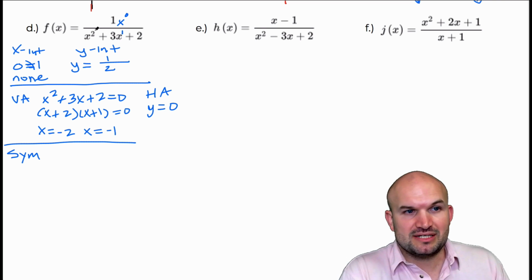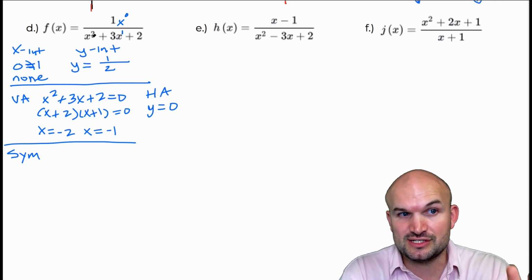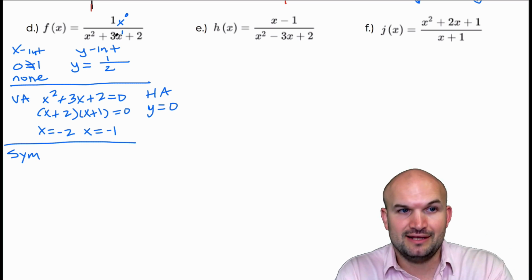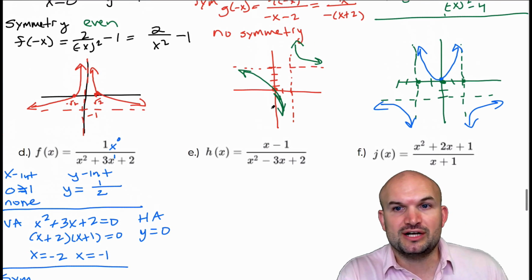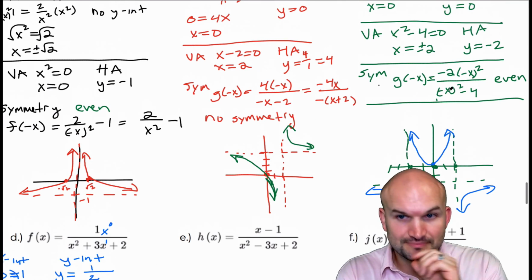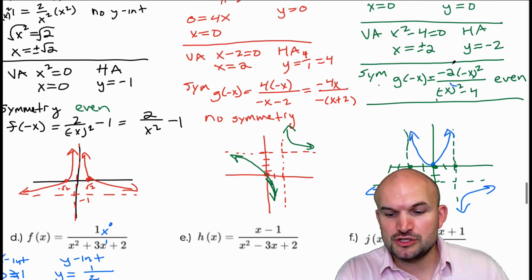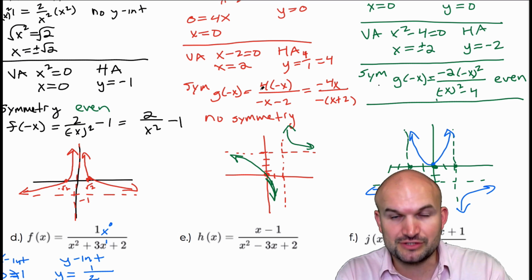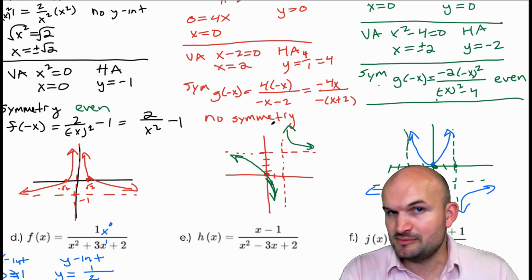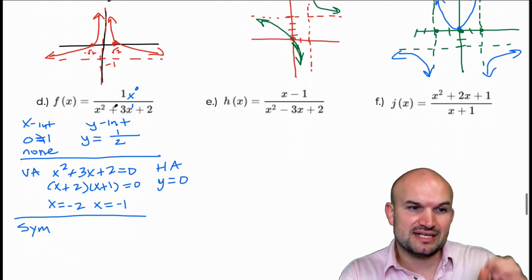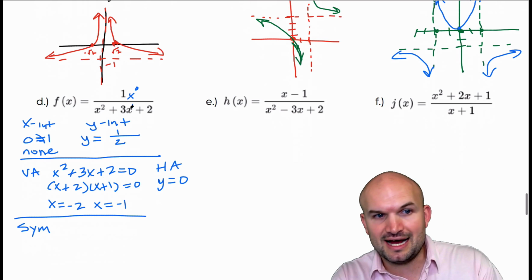But to save myself time, since I see this degree here is even and this degree here is odd, I know that I'm not going to have symmetry, because you're going to have symmetry about the y-axis when all of your variables are only raised to an even power. So if all of your variables are not raised to an even power, then you're not going to have symmetry about the y-axis. So since here I have even and odd, it's not going to work.